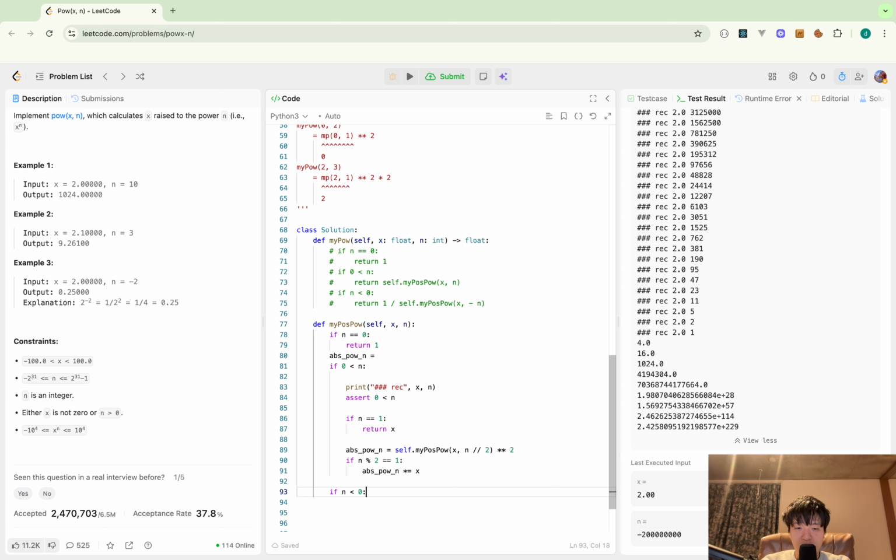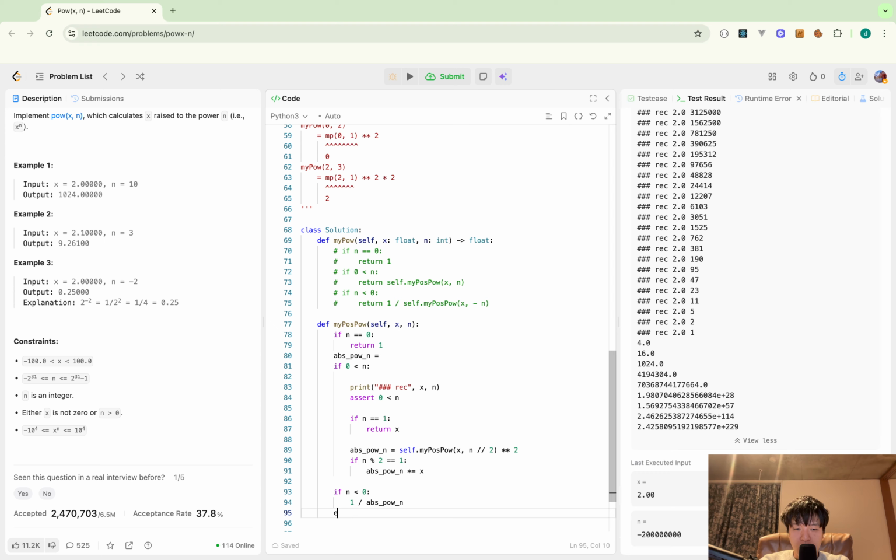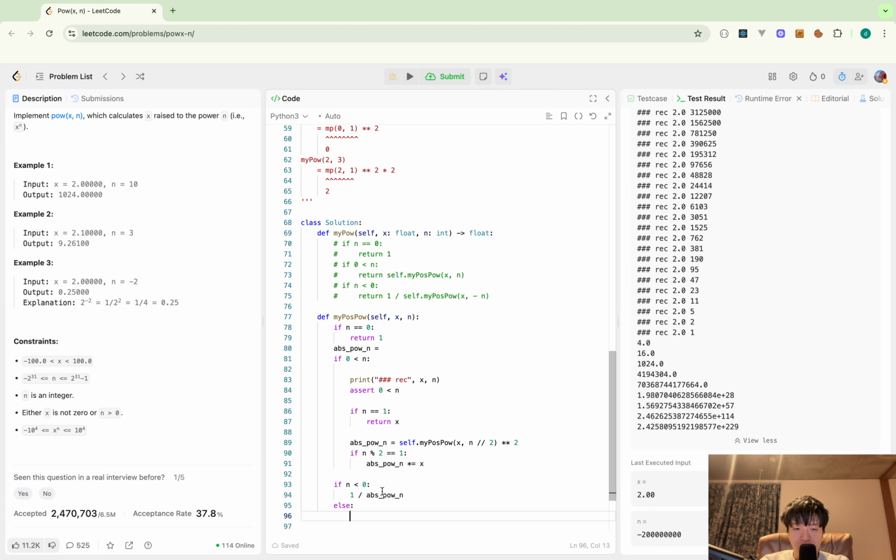Doing this, and if n is smaller than 0, I return 1 divided by this, and otherwise I return this as it is.